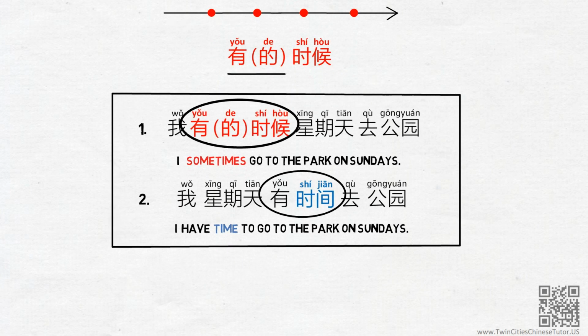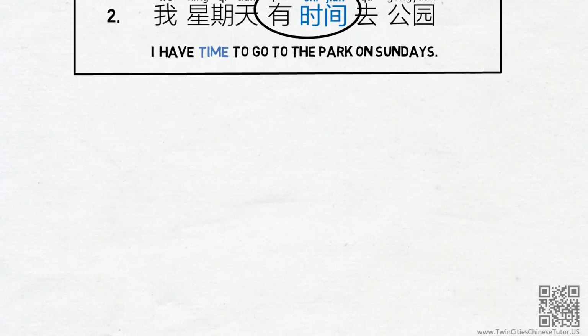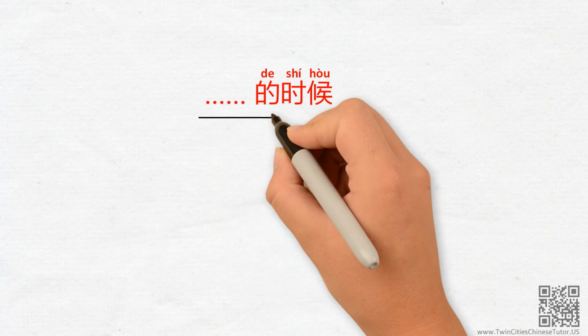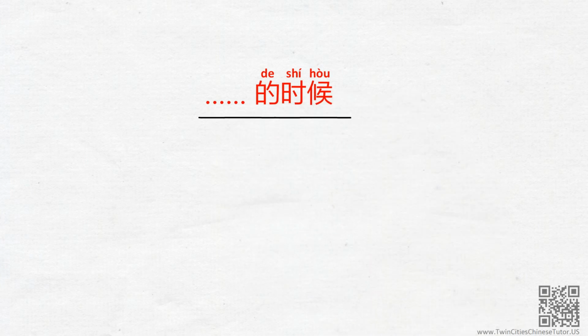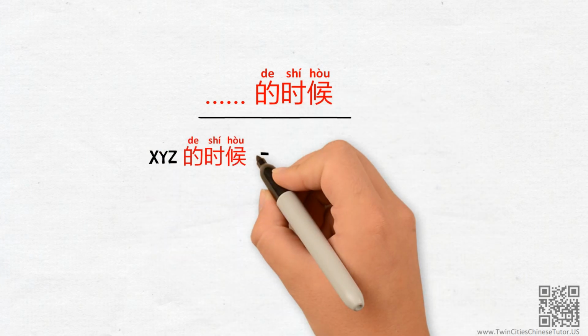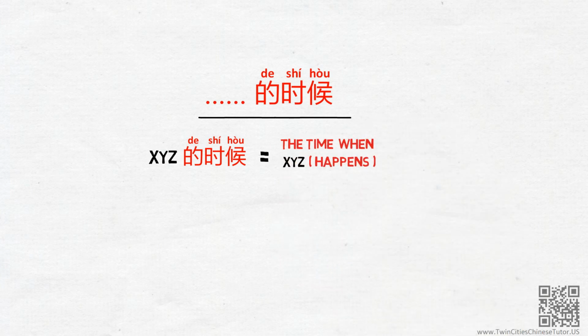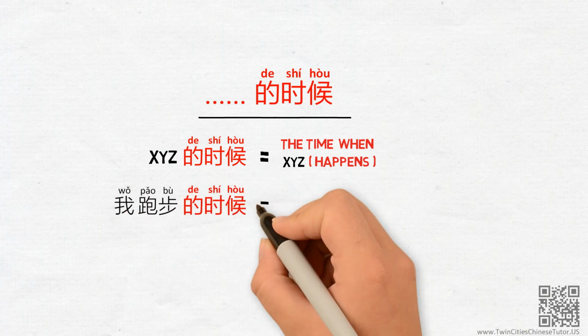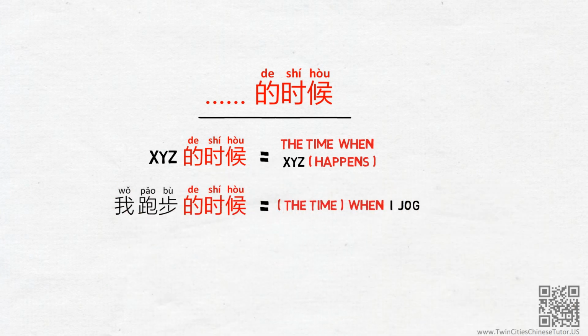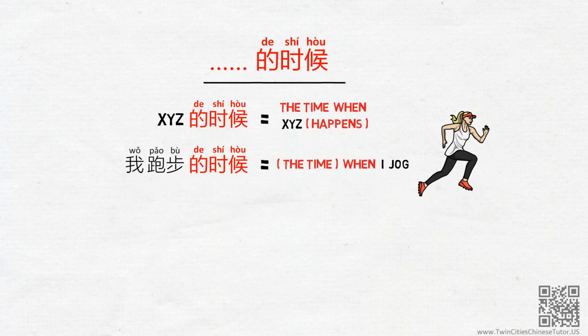Last but not least, a more challenging idea to grasp about the word 时候 is the structure of something something 的时候. When we say XYZ 的时候 in Chinese, we are actually saying the time when XYZ happens. So when I say 我跑步的时候, I am saying the time when I jog, or just when I jog.